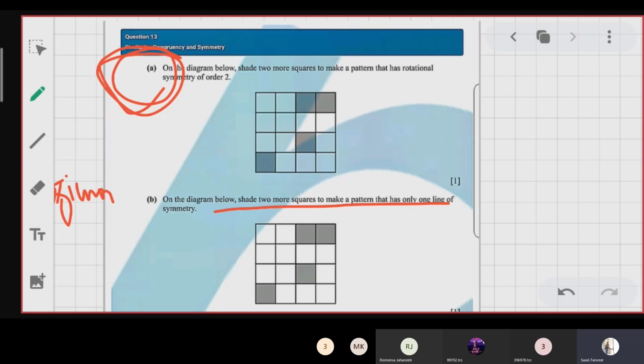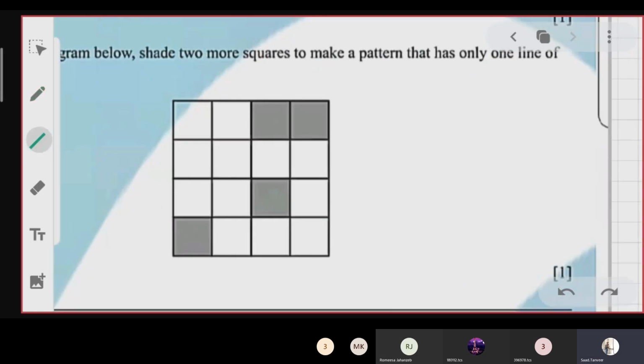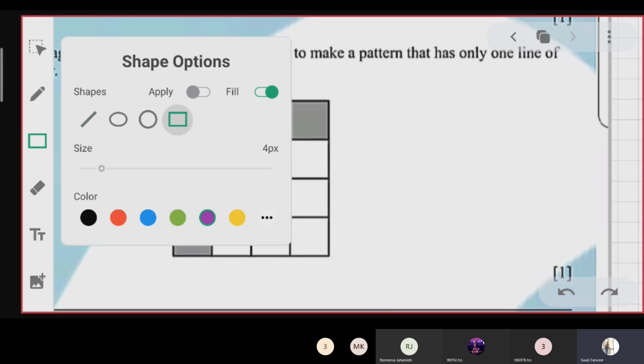What the examiner want? Examiner want कि भाई आप कितने boxes को shade कर लें? Two more small squares. So what that two small squares will be? कौन से दो small squares होंगे?